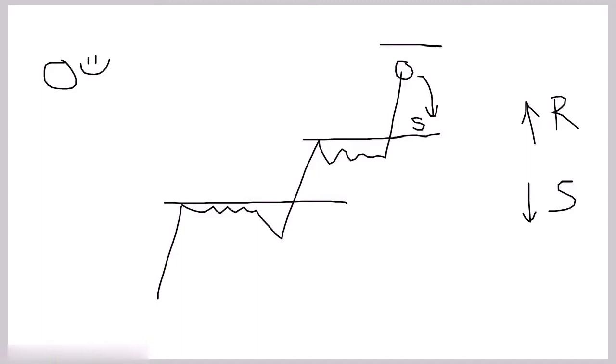Now with this support and resistance knowledge, there's one thing I want to share with you. In the market, there's actually two trains of thought. One train of thought is, if the market bounces enough times from the resistance, that level is strong. The other train of thought is, if the market bounces from a level so many times, that level is weak.